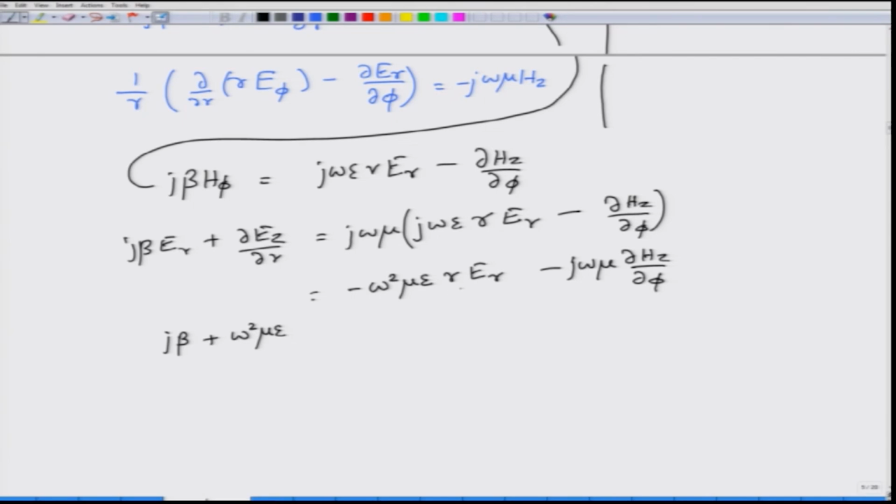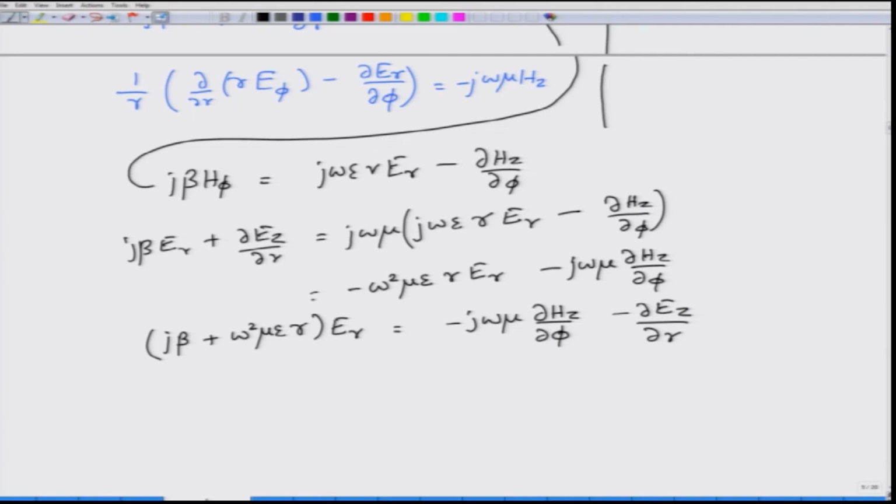I hope that I have got the r E r components correctly. So, this whole thing times E r must be equal to minus j omega mu del Hz by del phi. There is also minus del Ez by del r.